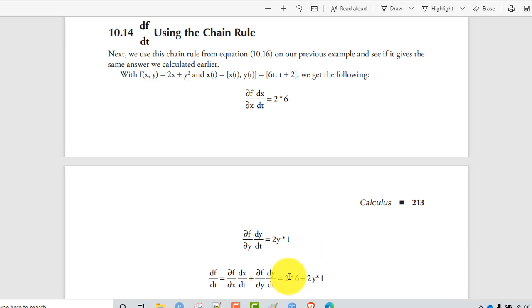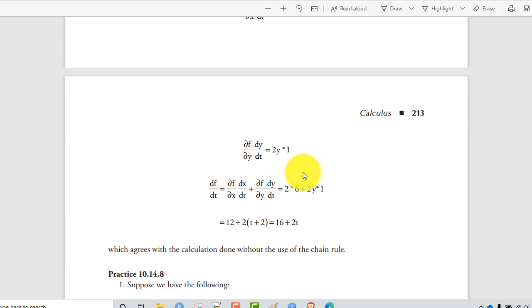We could leave it like this, but we could also write 2 times 6, which is 12, plus 2 times t plus 2. If we do that, we end up with 12 plus that, which is 16 plus 2t. So that's the answer if we use the chain rule.